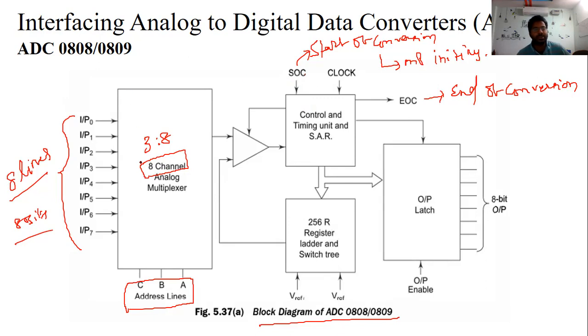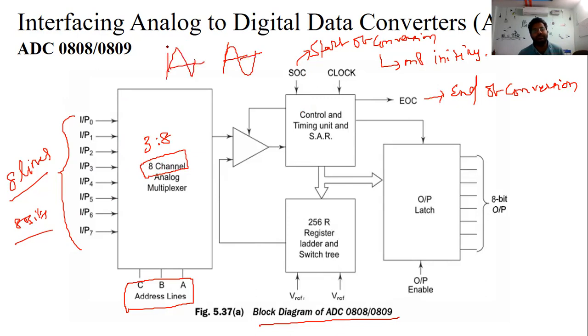In between the microprocessor and this ADC, we have the 8255 PPI. The microprocessor sends some commands to the 8255 PPI, and the 8255 PPI sends the instruction to start the conversion, the analog conversion, of some signal, maybe a sine or triangle signal.